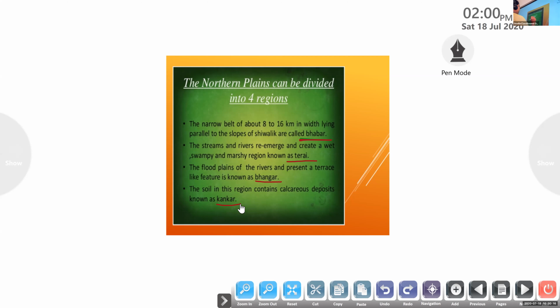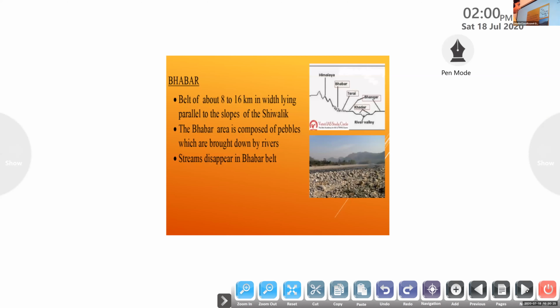They are Babar, Terai, Bhankar and Kankar. Let us see one by one what they are. First one is Babar, the first classification.